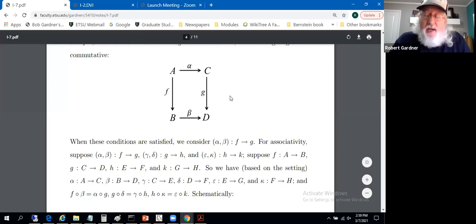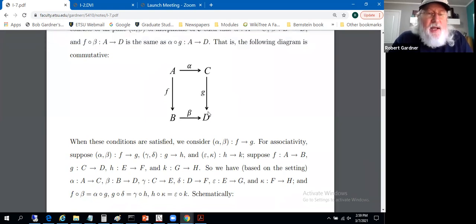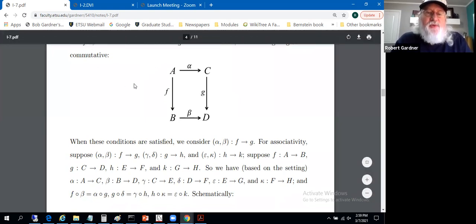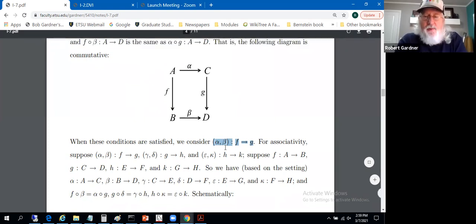And all it does is patch together these four morphisms in such a way that we have a commutative diagram. That's the last condition up here in terms of the same mappings. So if these conditions are satisfied, then we consider alpha beta mapping F to G. Order matters, right? It's sort of a domain versus codomain thing in terms of where the mappings are. Alpha maps the domains and beta maps the codomains, if you will.